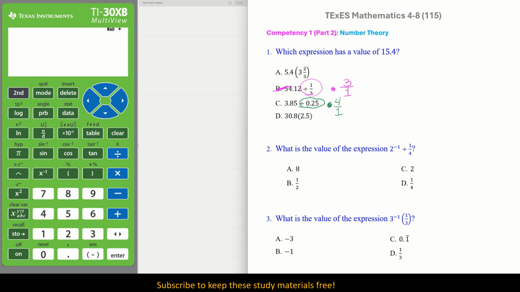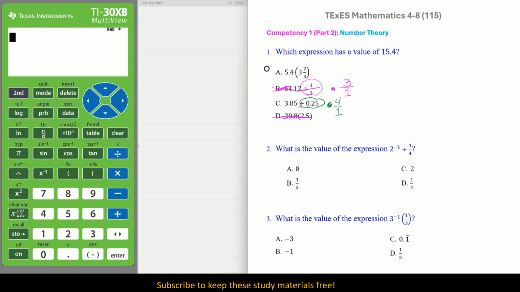Then we have to worry about the decimals, so that might get close. I'm going to keep that. But let's look at D. If you look at the whole numbers, the parentheses are multiplying, so 30 times 2 is 60. There is no way that's going to work. That leaves me A and C.